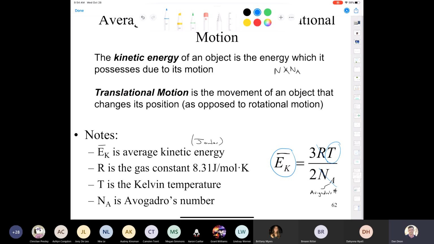All I see is that the average kinetic energy of a gas particle is going to be directly proportional to temperature. There's nothing about the identity of a gas. It doesn't say polar gas, non-polar gas, nitrogen, carbon dioxide, mass of gas. It's not even in there. So that's the take-home message from this equation.